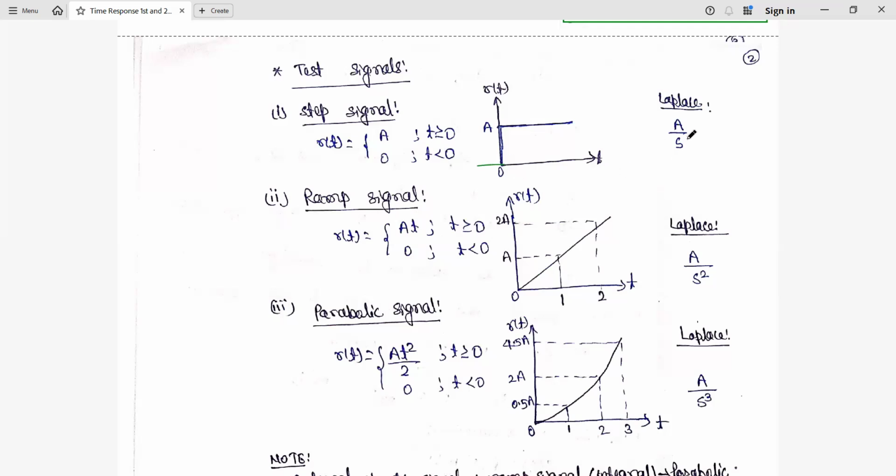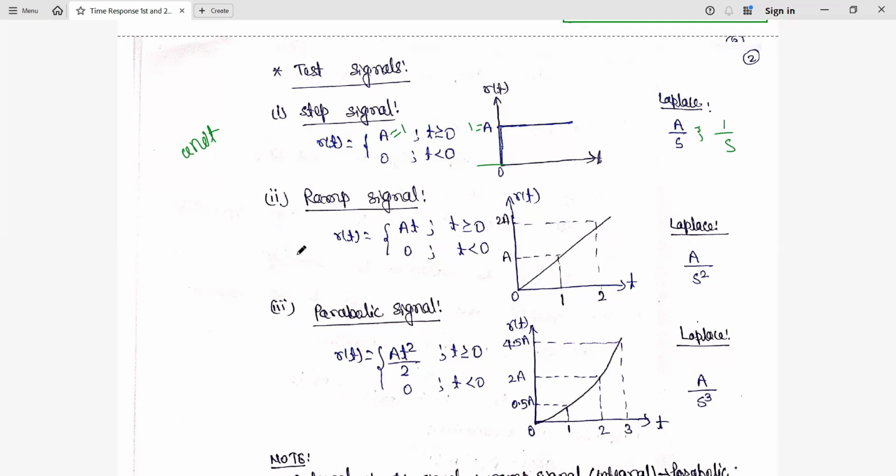That's why its Laplace transform is A by s. If you talk about the unit step function, then the value of A is equal to 1, and the Laplace transform becomes 1 by s.